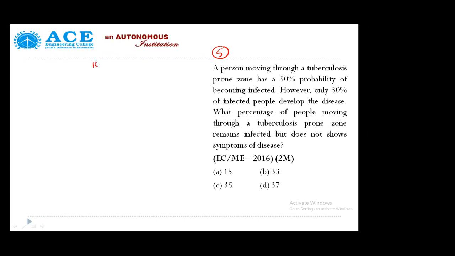Suppose 100 people are going through that TB zone. 50% probability means 50% chances, so 50 people may get infected.